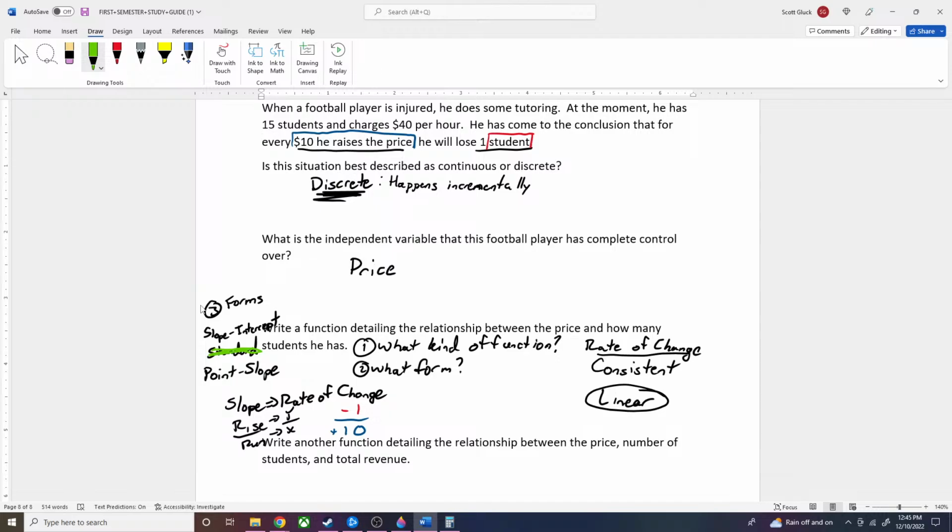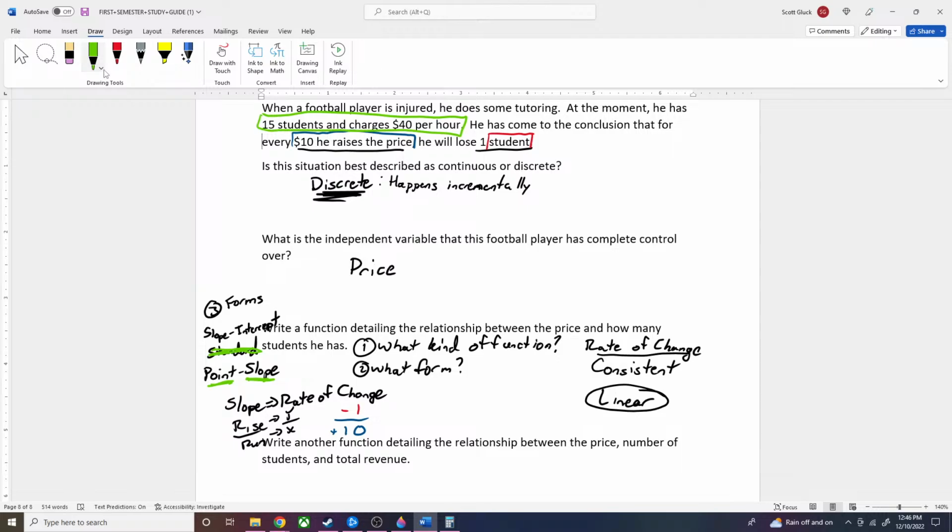We don't. We don't know how many students he's going to have if he charges nothing. But what we do know is how many students he has when he charges $40 an hour. We have that information. And therefore, we have a point and we have the slope.